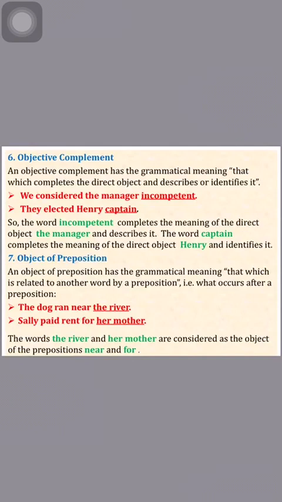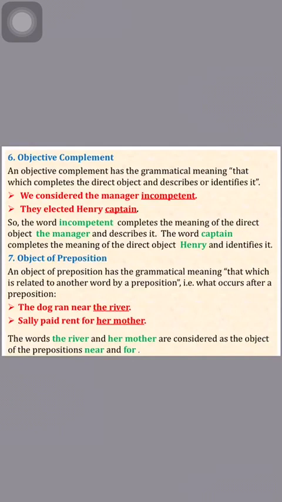The word captain completes the meaning of the direct object, Henry, and identifies it. So incompetent in the first sentence is an adjective which describes the manager, not we. Captain is a complement which identifies Henry, not they. This is what we mean by objective complement.